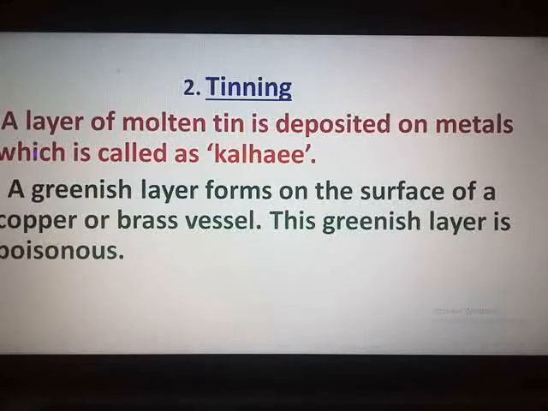We can say that corrosion takes place over here. If buttermilk or curry is placed in such a greenish vessel, it will get spoiled, and tinning, the application of a molten layer of tin, is done to prevent all such damage.